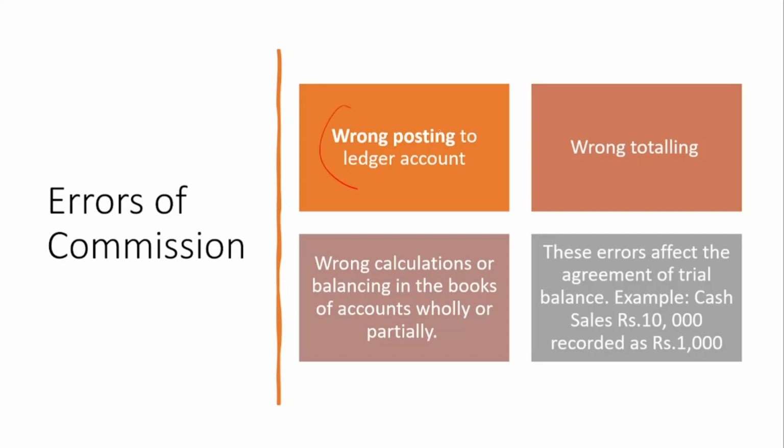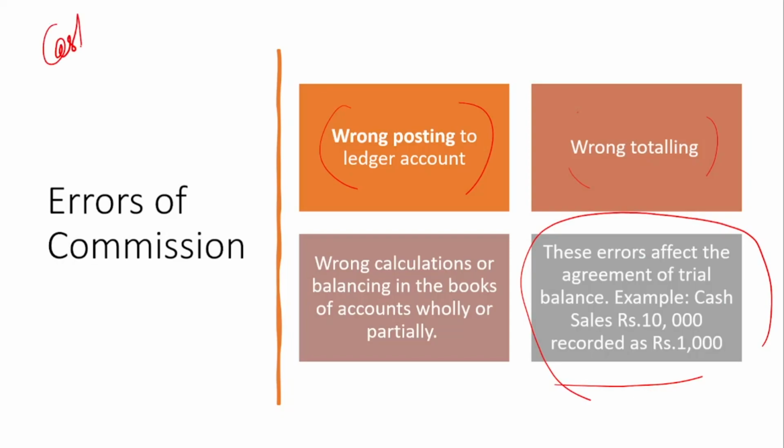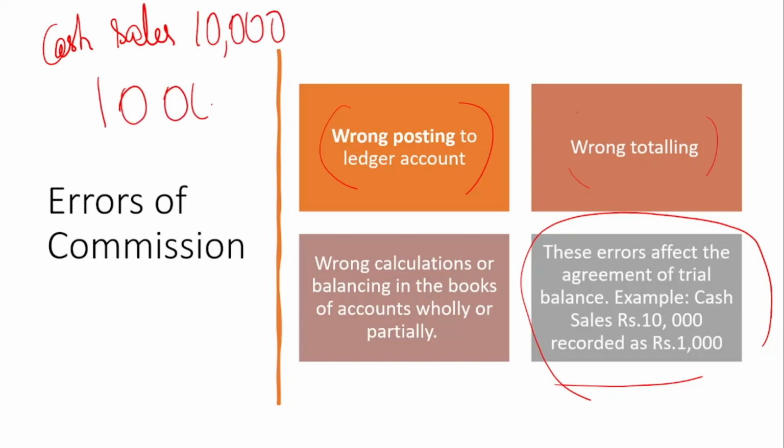Next is error of commission. Error of commission means wrong posting to the ledger account, or wrong totaling. For example, there is a cash sales of 10,000, but while entering on the keyboard you type only 3 zeros and miss out 1 zero. So instead of 10,000 you have entered 1,000, meaning you have missed out a difference of 9,000.